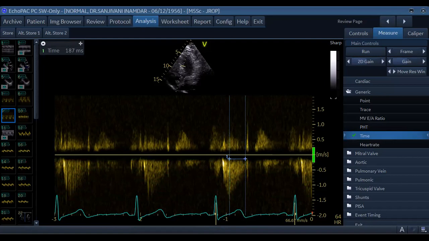Okay. In which context are you looking for slope, Anupa? In which condition, mitral stenosis, aortic stenosis? Regurgitation.